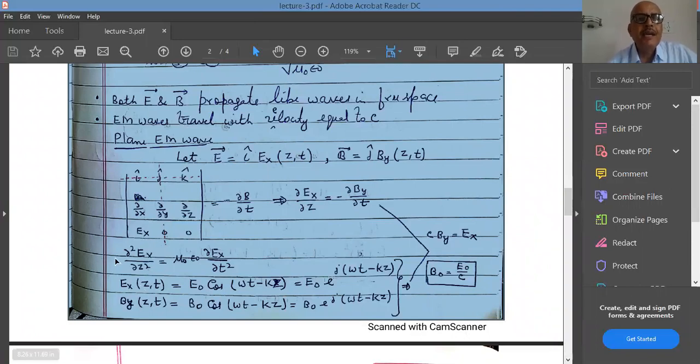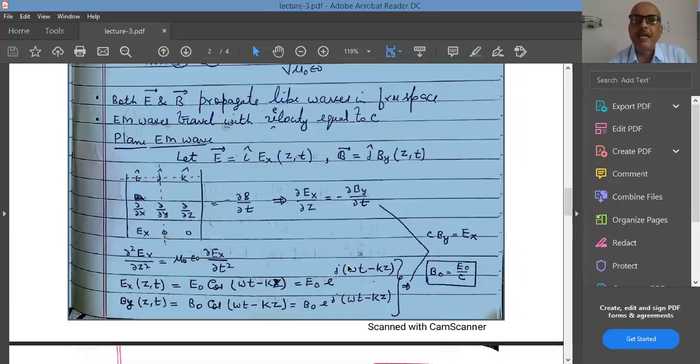So we can write down a general solution of this equation in terms of z as the direction of our propagation. Be careful. So Ex, electric field, is along the x-axis. It is a function of z, that is the direction of propagation. It is a function of time. And we can write it as E0 cos of omega t minus kz, or E0 e to the power of j into omega t minus kz. k is the propagation constant.